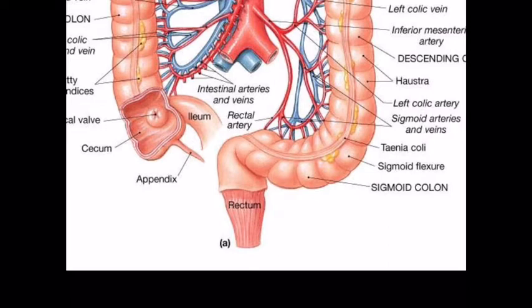So remember, all the way back at the beginning of the GI tract, we had skeletal muscle making up the muscularis. In the mouth, in the pharynx, in the top part of the esophagus, we had skeletal muscle. In the esophagus, it transitions. The middle third of the esophagus is half skeletal muscle, half smooth muscle. The lower third of the esophagus is all smooth muscle.